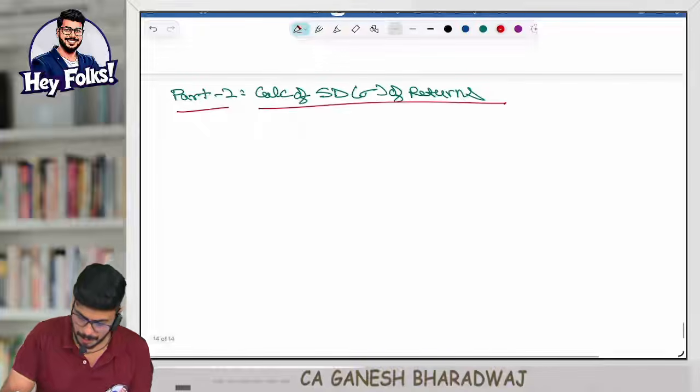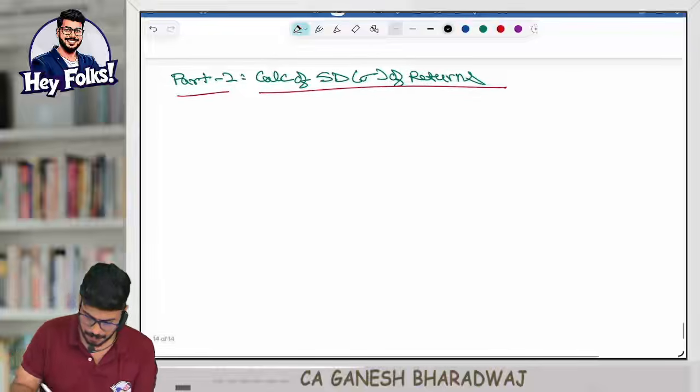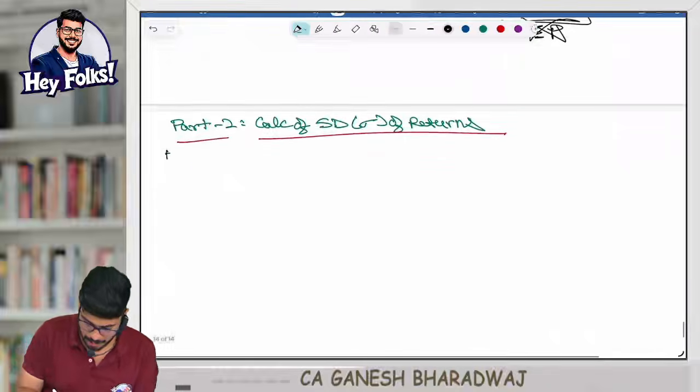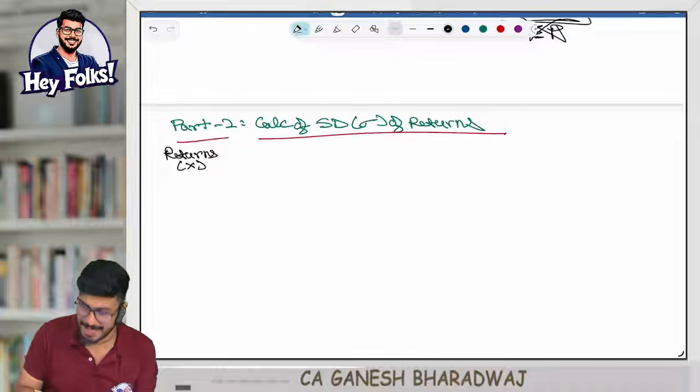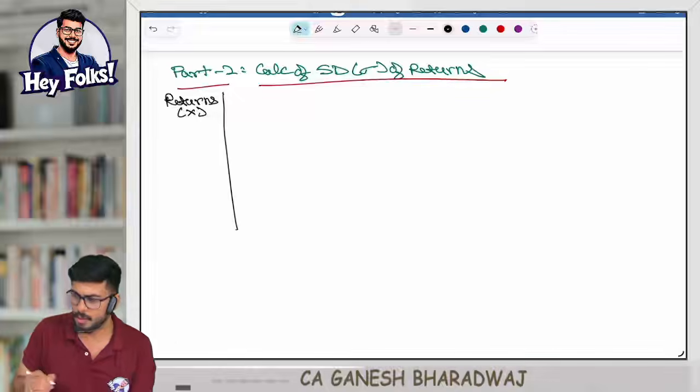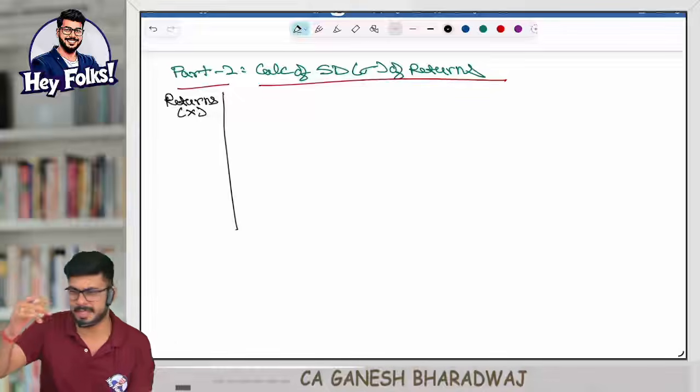So now, what do we do first? Write down returns within bracket. We call this X here. These are different possibilities. Is that clear? First, let us fill the top column.